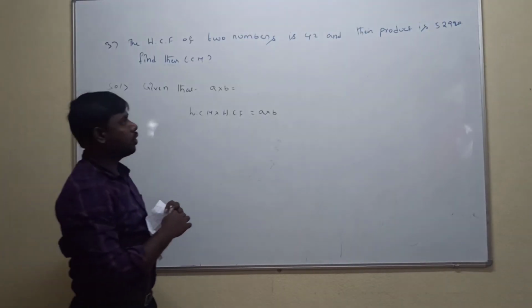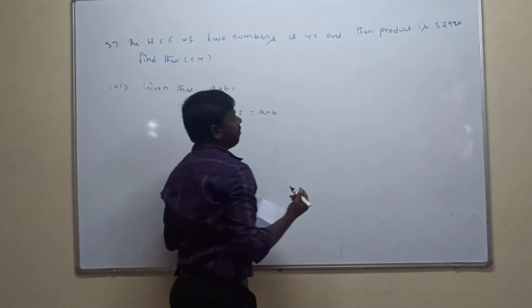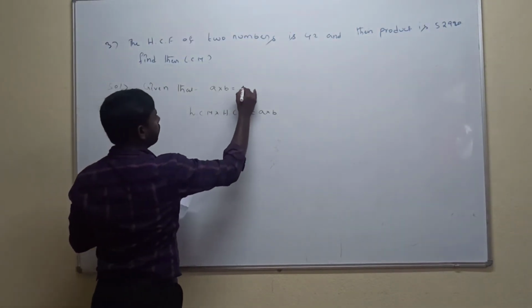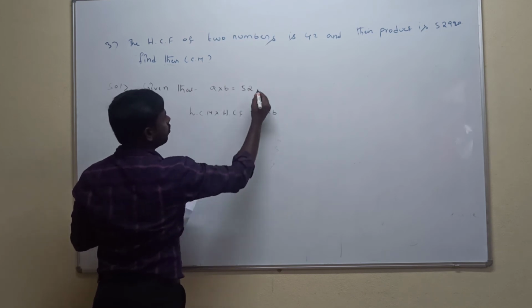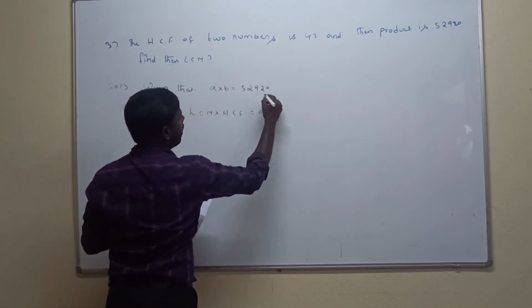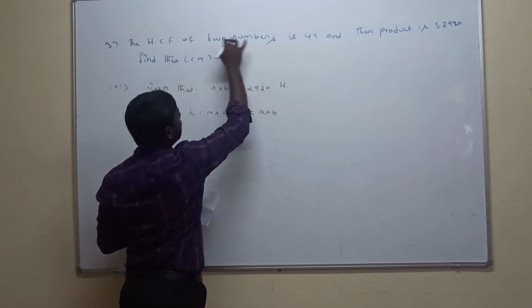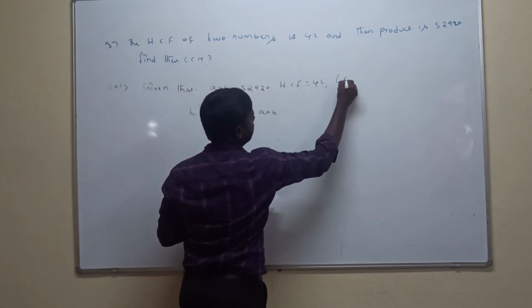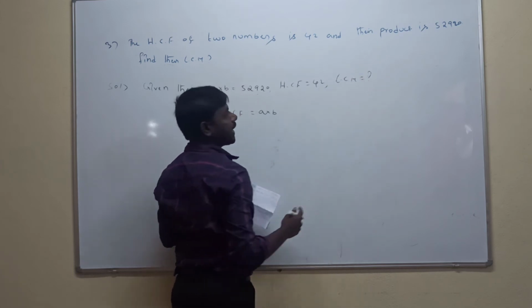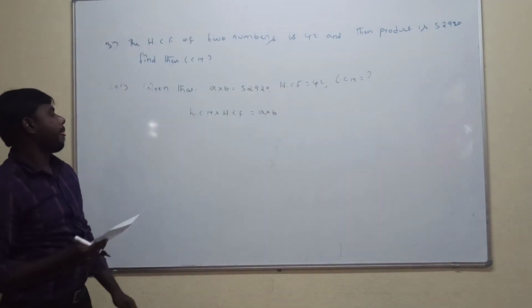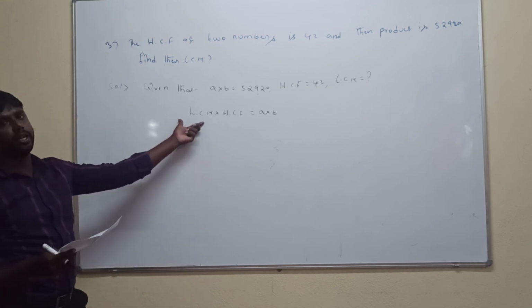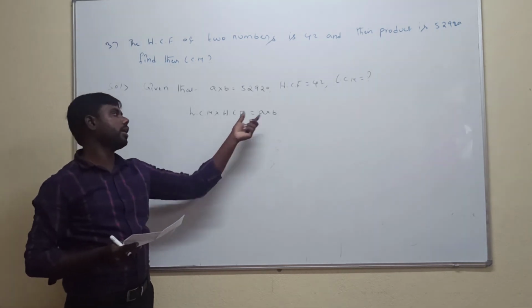The product of two numbers is 52,920, and the HCF value is 42. To calculate the LCM, apply the relation between the LCM and HCF: the product of the LCM and HCF is equal to A cross B.